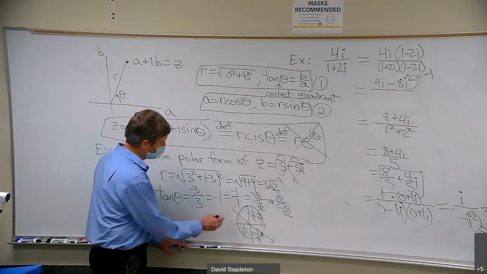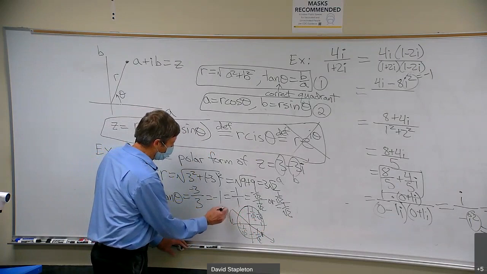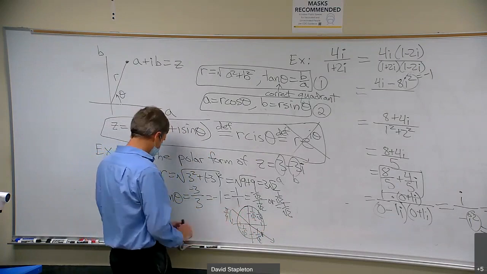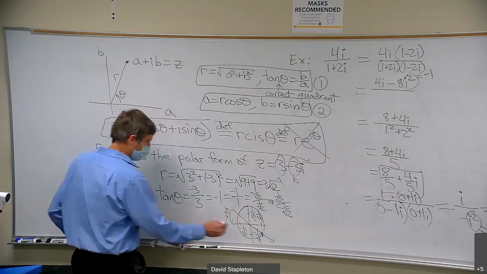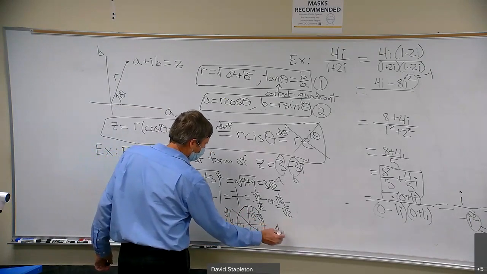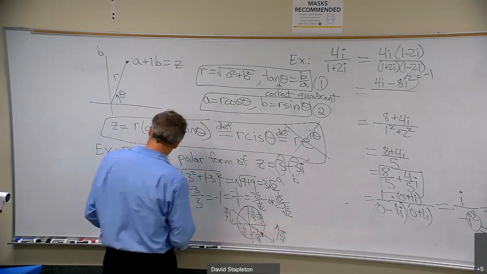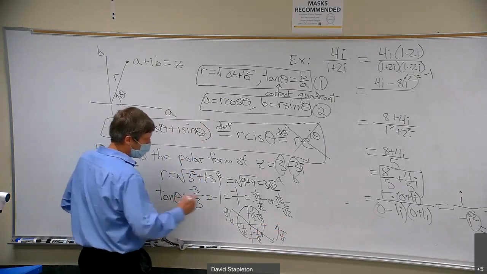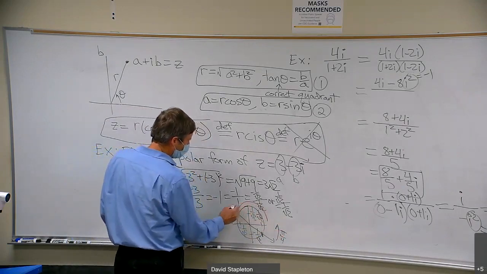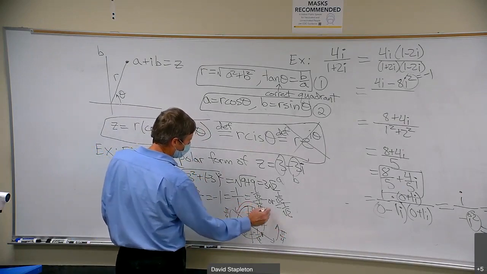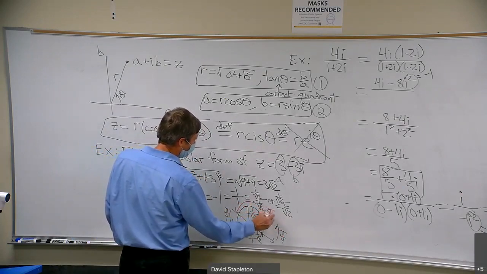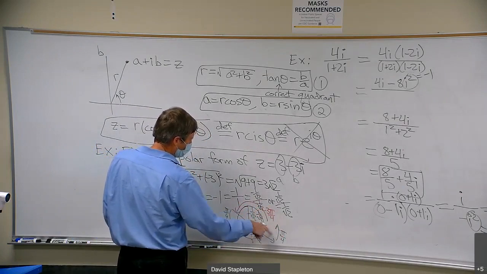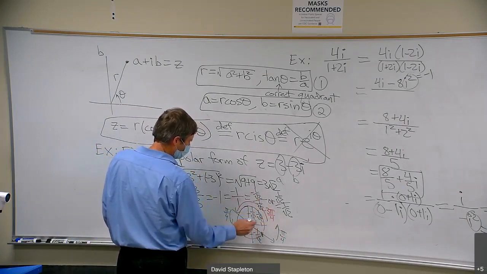This is a 45-degree angle, pi over 4. By symmetry, this is also pi over 4. The angle we want is either this one, pi back up pi over 4, which is 3 pi over 4, or this one, 2 pi back up pi over 4, which is 7 pi over 4.